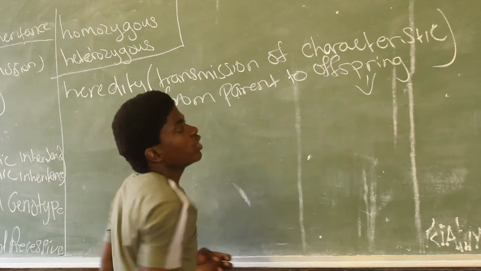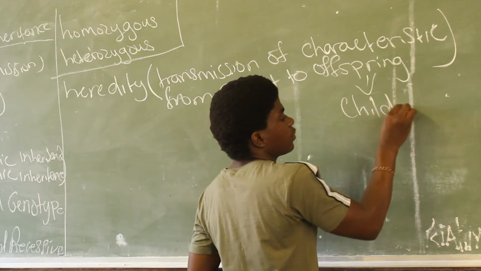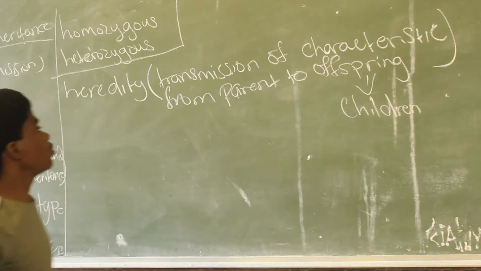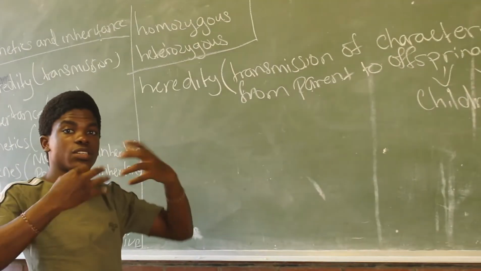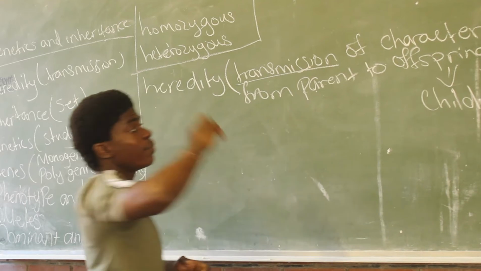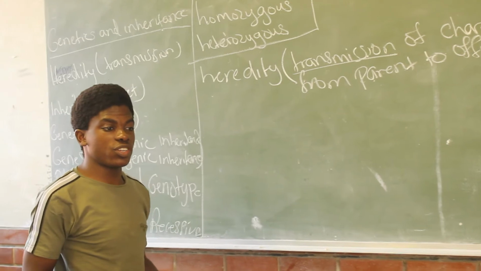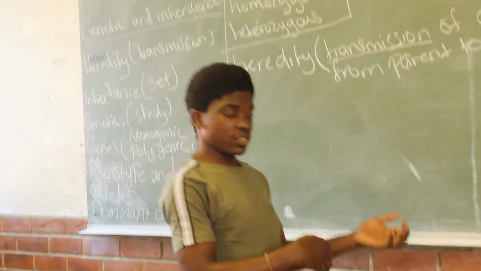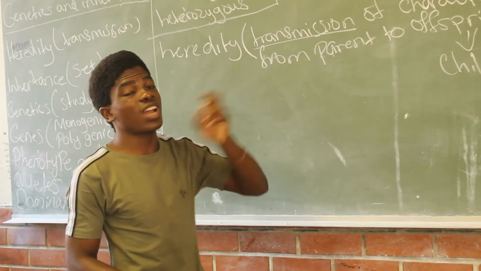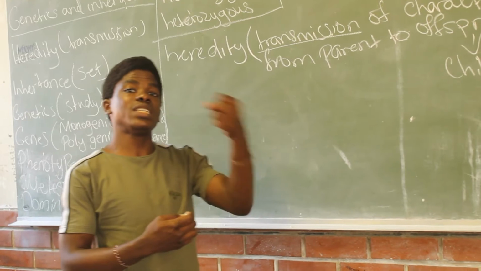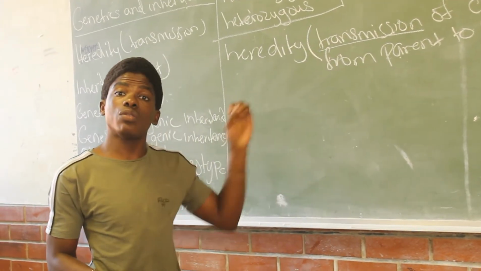I'm sure we all know that offspring means children. So when we are talking about heredity, we are talking about the actual process of transmitting those characteristics from the parents, and then as they go to the next generation. So the next generation would be your parents, and then you are the next generation from your parents. So the process of transmission, how were they able to transmit those characteristics from them to you as they had gained their own from their parents?